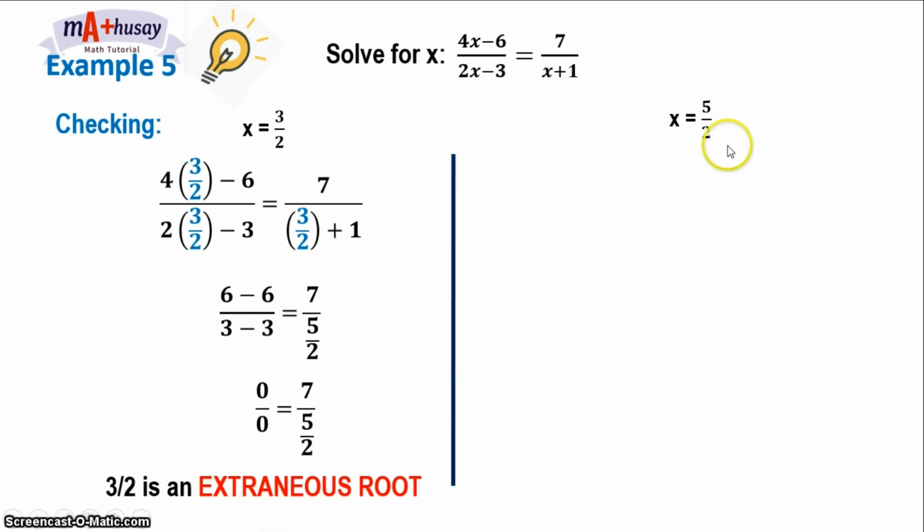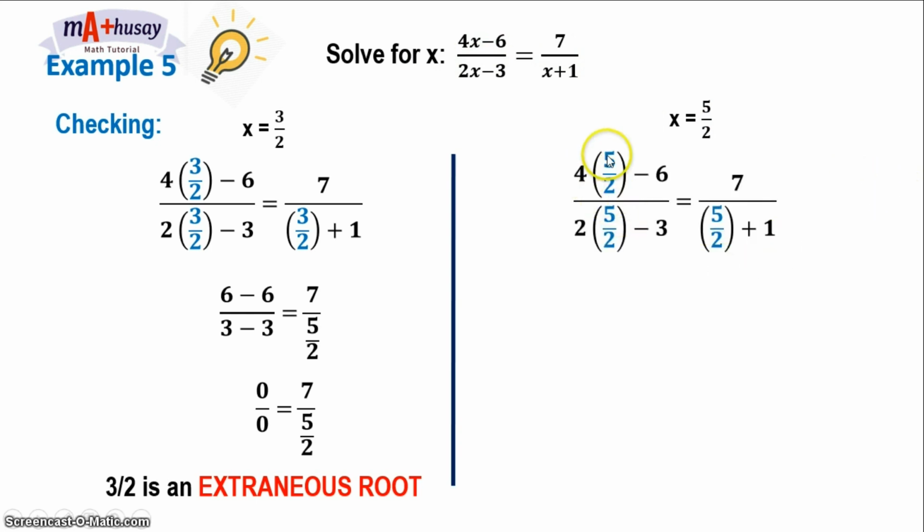This time, we will check kung mag-hold true ang solution na x equals 5 over 2 sa ating original na rational equation. So, kapag sinubstitute natin yan, we have 4 times the quantity of 5 over 2 minus 6 all over 2 times 5 over 2 minus 3 equals 7 all over 5 over 2 plus 1.